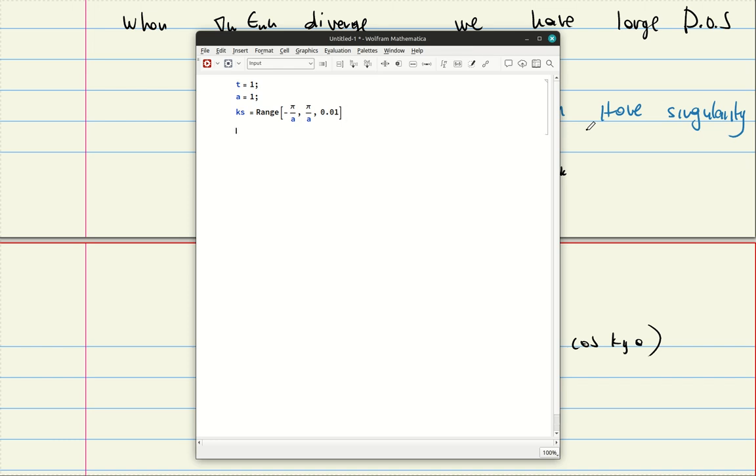What I want to do is see how many states I have, right? The energy is something like this. Let me call it epsilon k is equal to minus 2t cosine k, and let me see if it works.